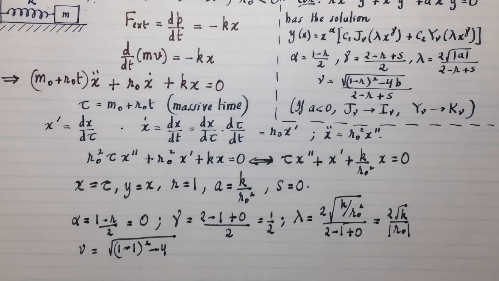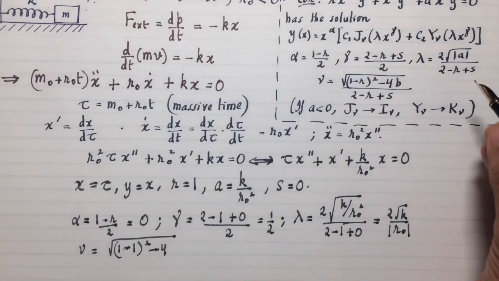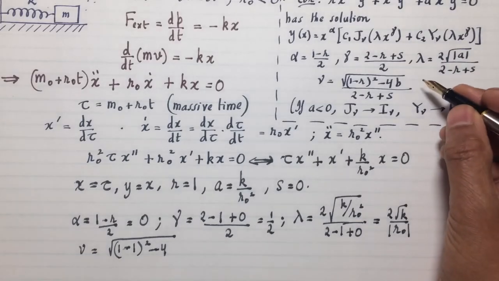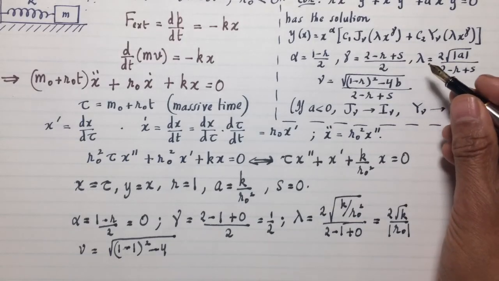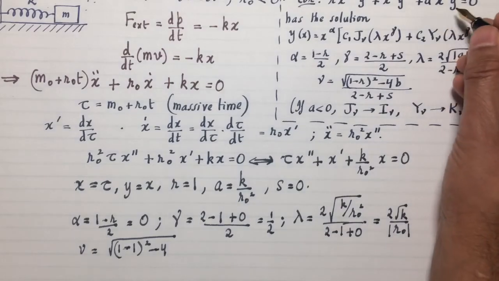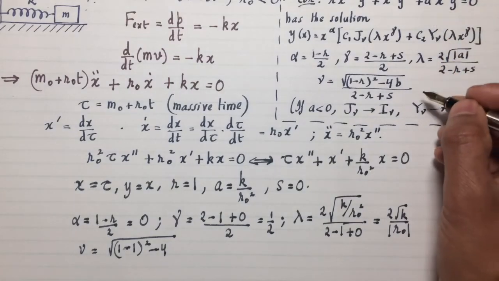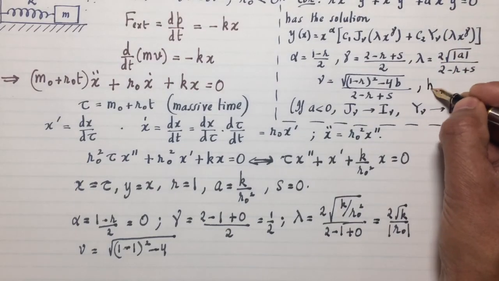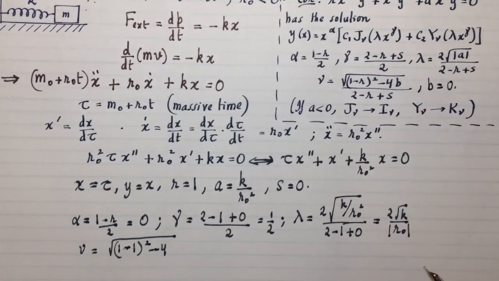Let me just double check my notes. Okay, there's a more general equation of which this is a particular case. So in this particular case, b equals 0.